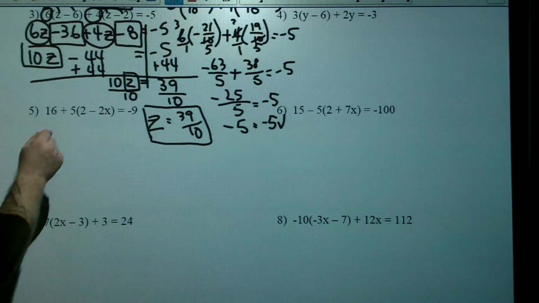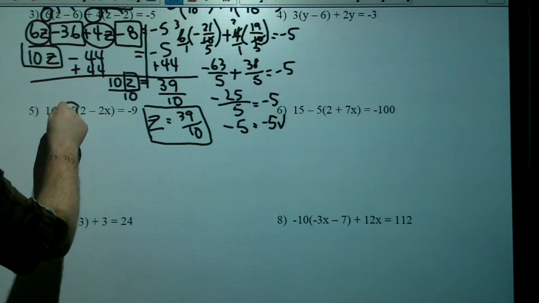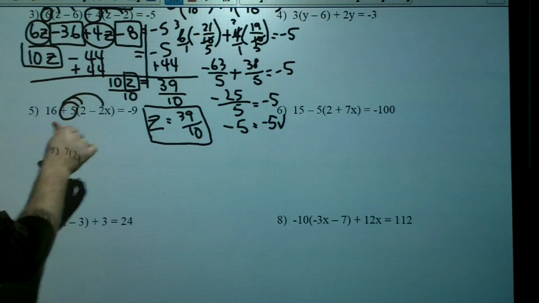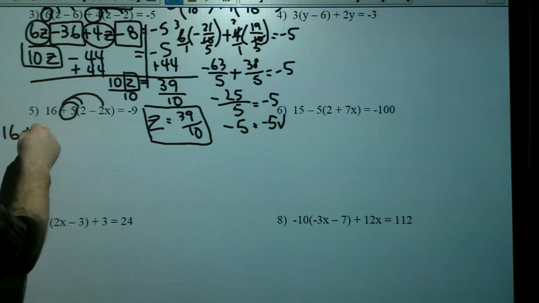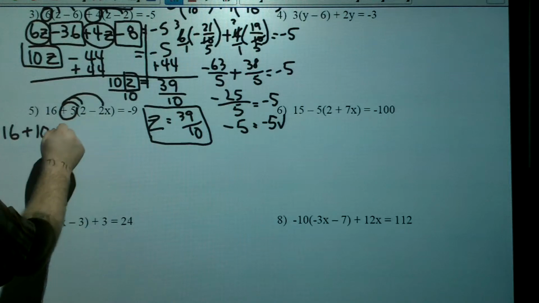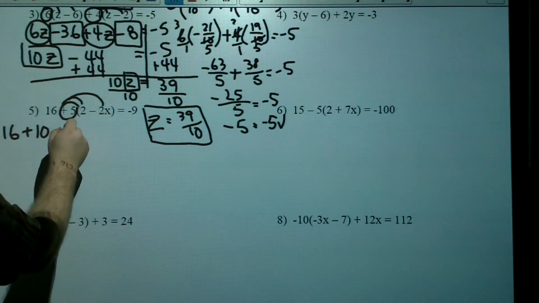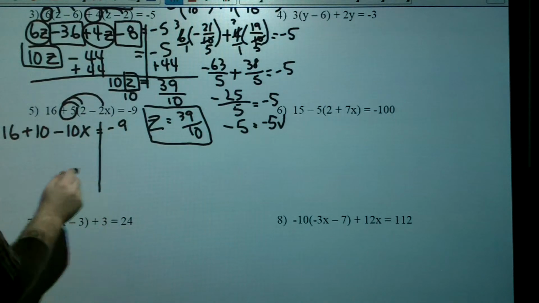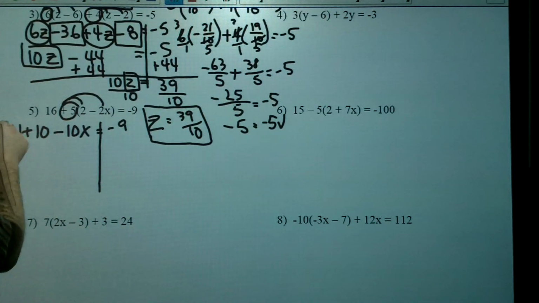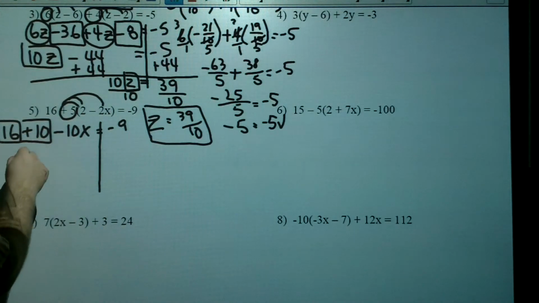Question 5. We're going to distribute this positive 5 and everything else in the equation stays the same. So 16 I bring down, plus 5 times 2 is 10, minus 5 times 2x is 10x equals negative 9. I'm going to combine like terms, so the 16 and the 10 are like terms.